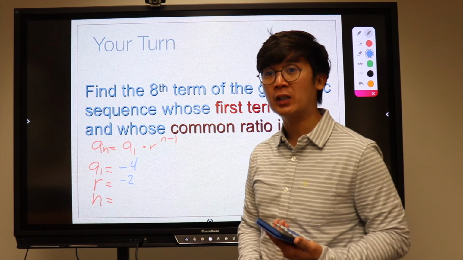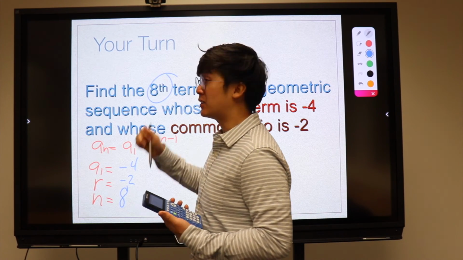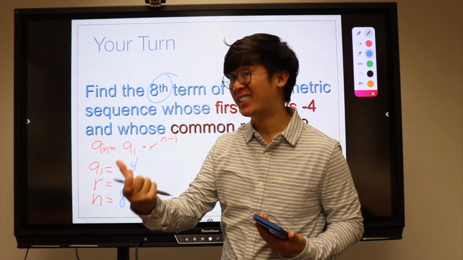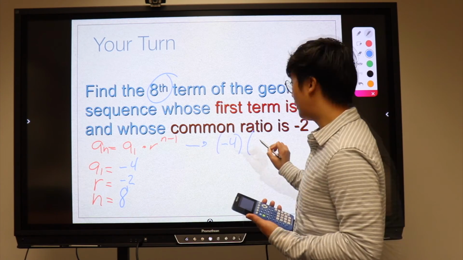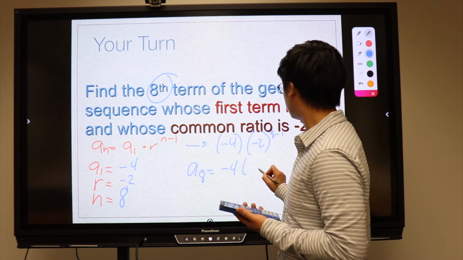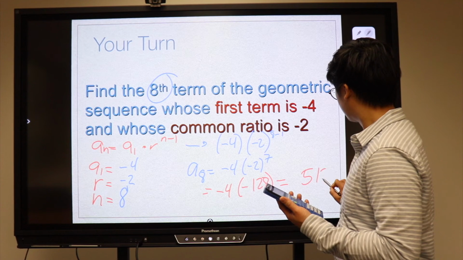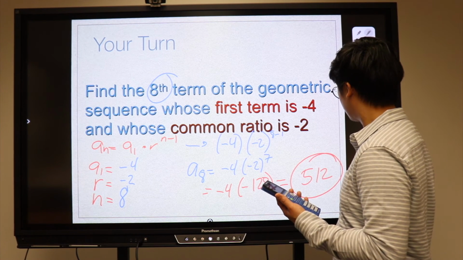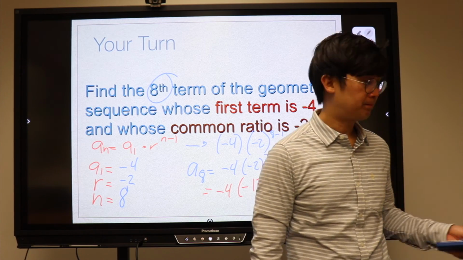And what is the n that we're looking for here this time? 8. And that is because it's not the nth term, but a specific term, which is the 8th term. So by plugging it all in, and that is your 8th term.